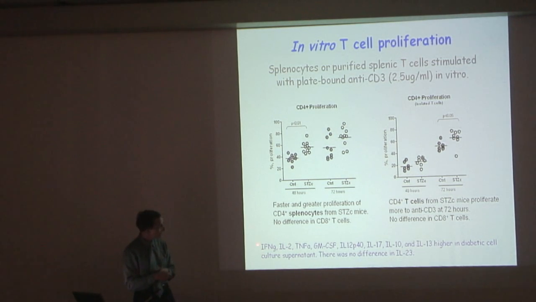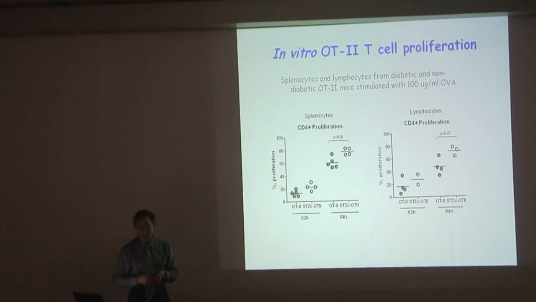And in fact, we see increased expression of interferon gamma, IL-2, TNF, GM-CSF, IL-12, IL-17, as well as IL-10 and IL-13, all more produced from the diabetic T cells after anti-CD3 stimulation. No difference in IL-23.